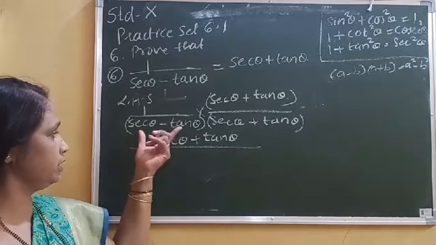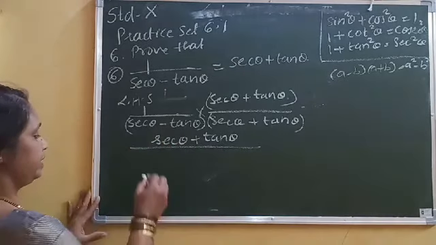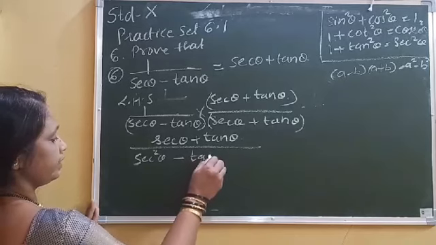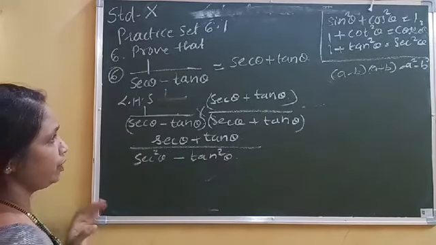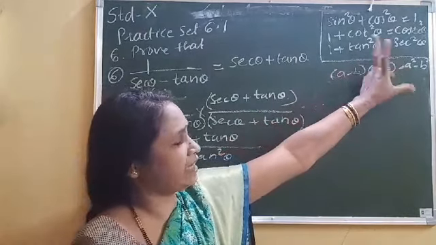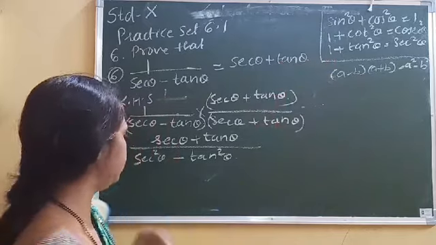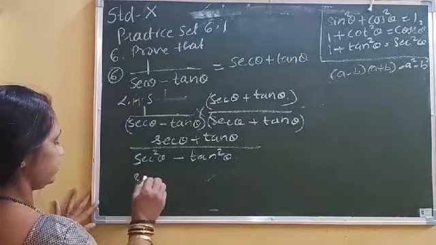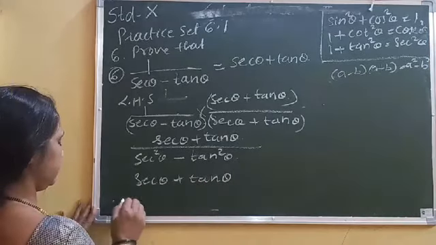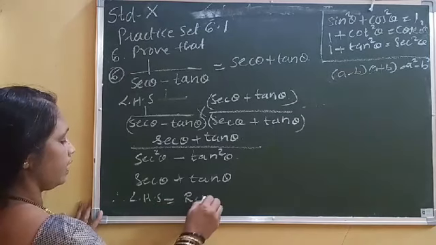Now we substitute: it will be sec square theta minus tan square theta, and we know the identity that sec square theta minus tan square theta is equal to 1. So we have got sec theta plus tan theta. Therefore LHS is equal to RHS.